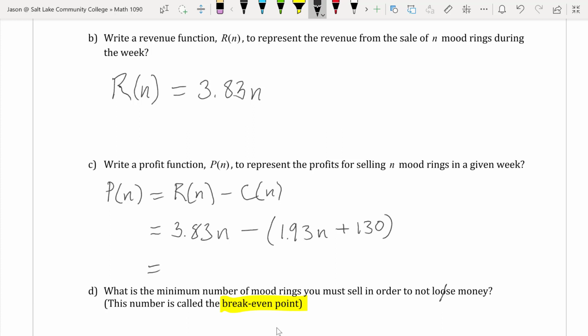Okay, let's simplify this. So this is 3.83n minus 1.93n, but when we distribute the negative sign, the 130 also becomes negative. Let's see, 3.83 minus $1.93, what is that?